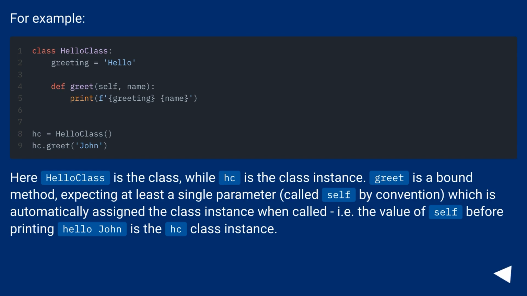For example, here Hello is the class, while hc is the class instance. Greet is a bound method, expecting at least a single parameter, called self by convention, which is automatically assigned the class instance when called, i.e. the value of self before printing "hello John" is the hc class instance.